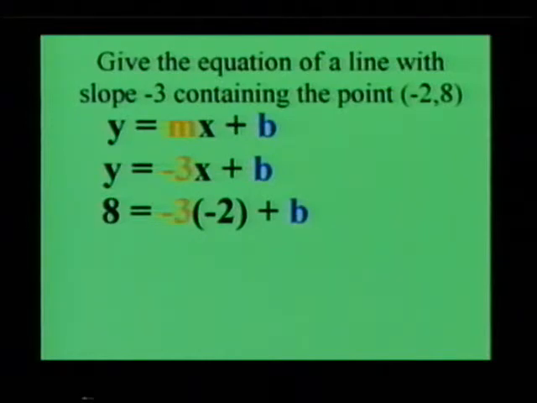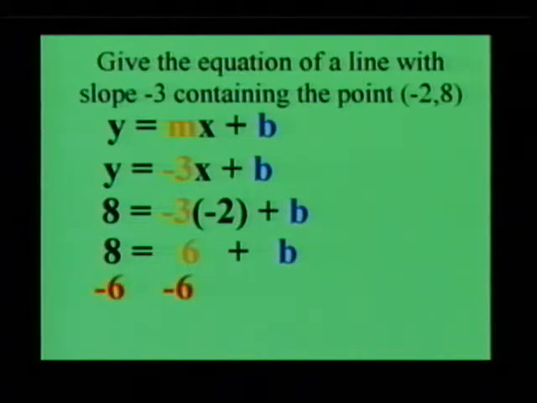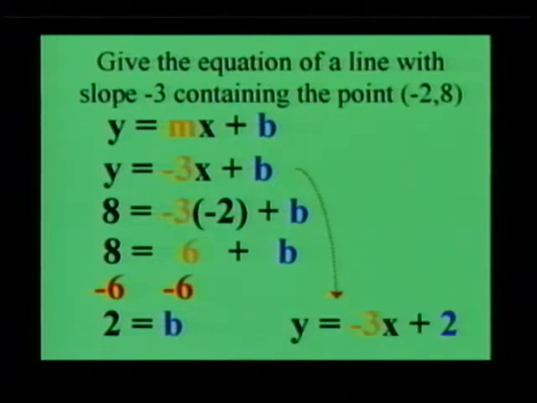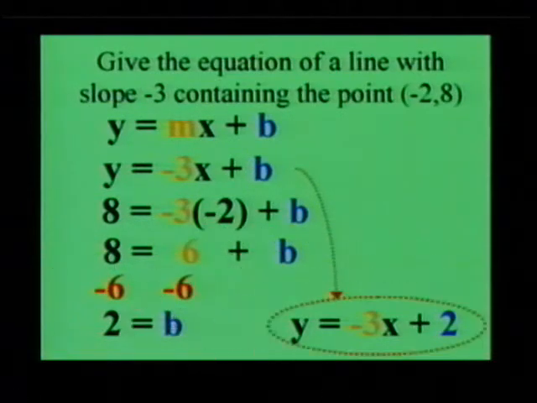Let's see, -3 times -2 is 6. So 6 plus what is 8? If you couldn't do it in your head, we'll subtract a 6 from both sides, and bam, b is 2, or the y-intercept is 2. But they asked for an equation, so the general equation of this bad boy is going to be y equals -3x plus 2. Not so bad. It ain't so bad.